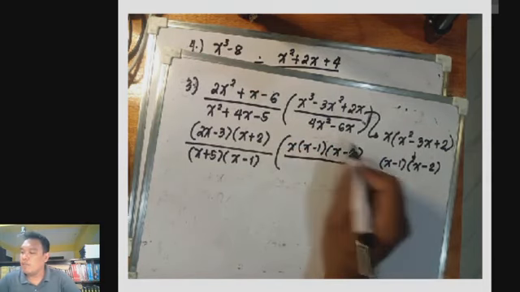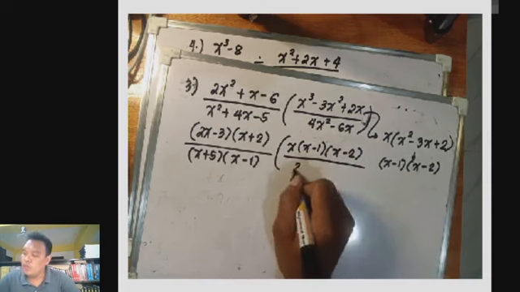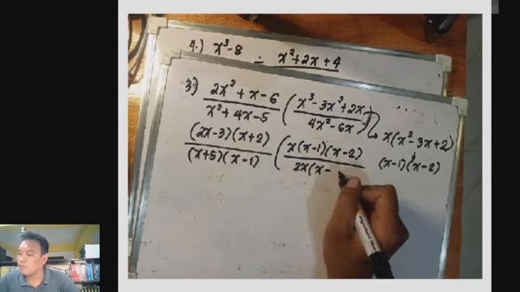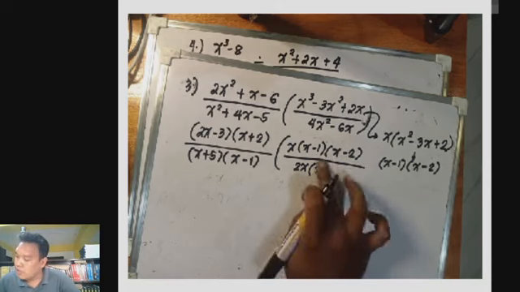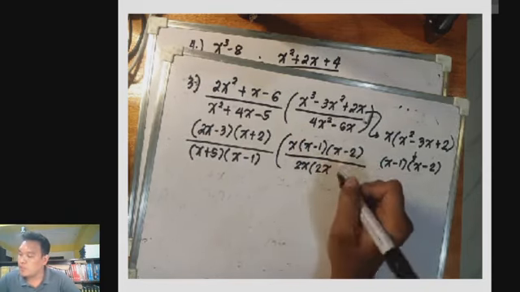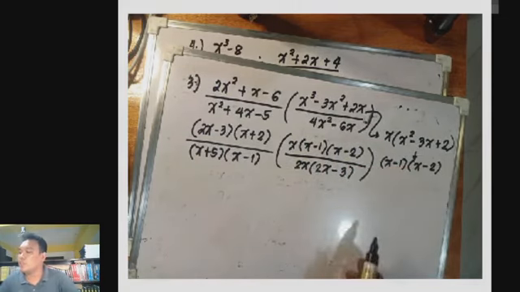Then the factor of 4x squared minus 6x will be 2x multiplied by 2x minus 3, kasi 4x squared yun. Okay?